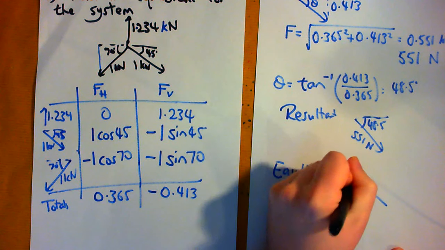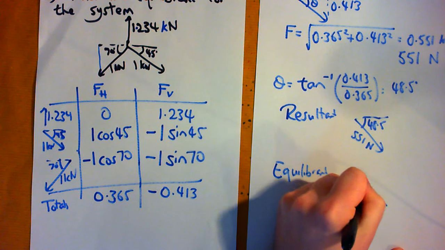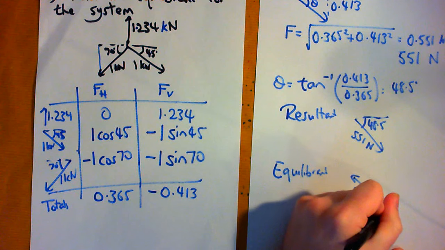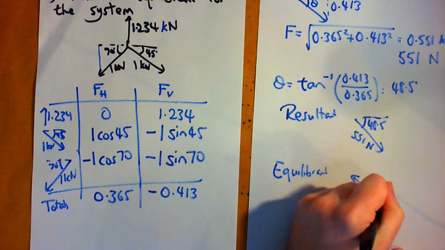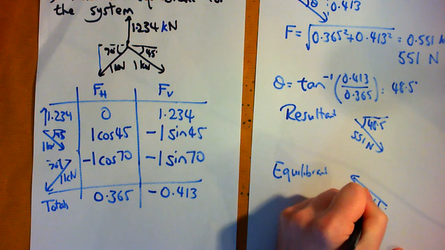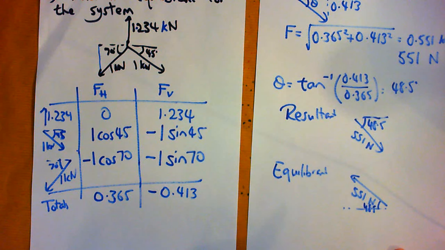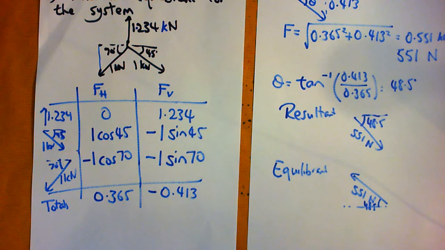So it's going to be a 551 Newton force. It is going to be at an angle 48.5 degrees. That angle is the same, but its arrow is pointing in the opposite direction, which means it's now going to the left and it's now above the horizontal.